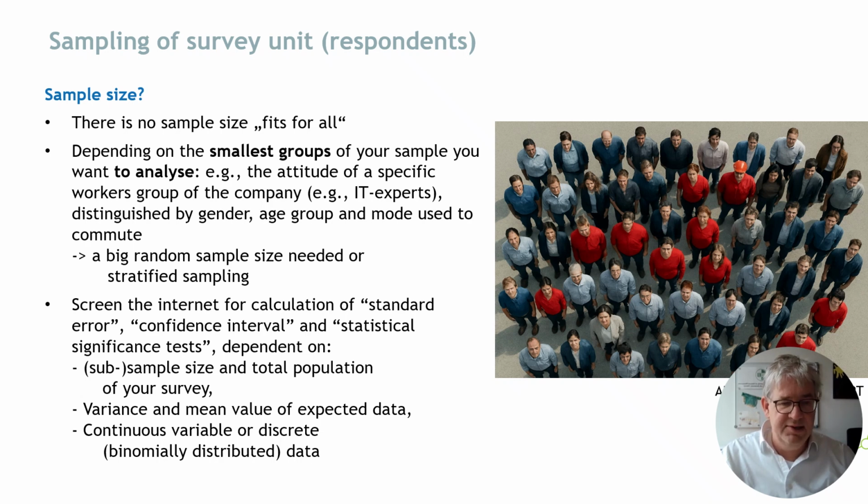Another option, if you want to have this specific analysis, is to make a stratified sampling, so that you really collect and explore this specific group directly and choose a sample from it, to ensure that this group is included in your survey. But on the other hand, the extrapolation gets more tricky, because you have to rebalance through a weighting procedure if you want to have general statements for the whole population when you do the stratified sampling procedure.